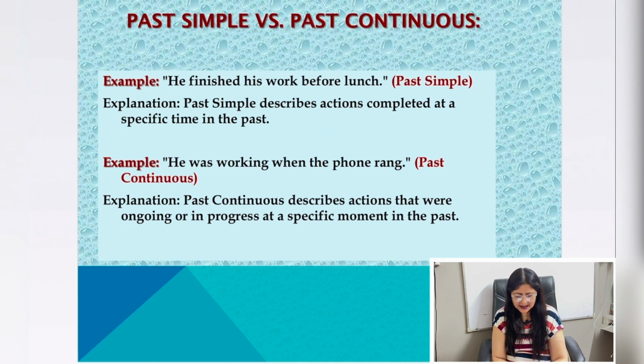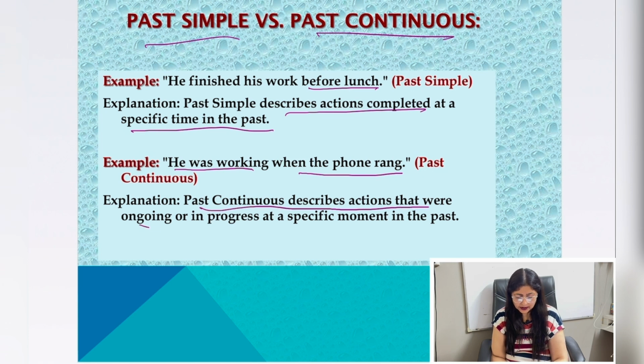Now coming to past simple versus past continuous tense. Now simple past is again for the actions that are completed at a specific time in the past. He finished his work before lunch. Before lunch he already did that. Okay. And he was working when the phone rang. So past continuous describes actions that were ongoing or in progress at a specific moment in the past.